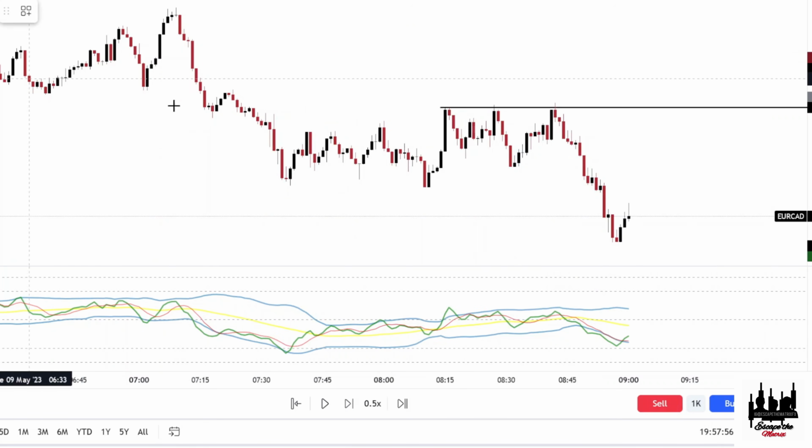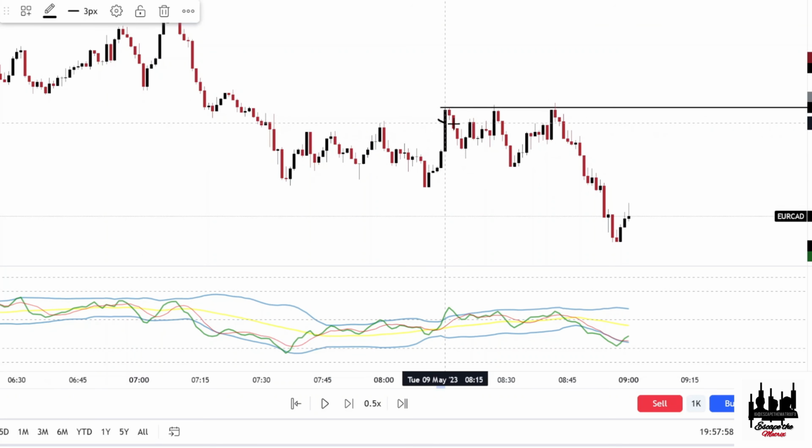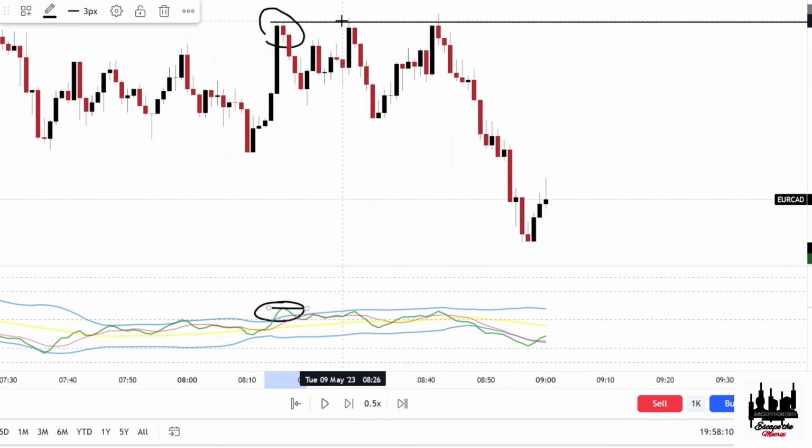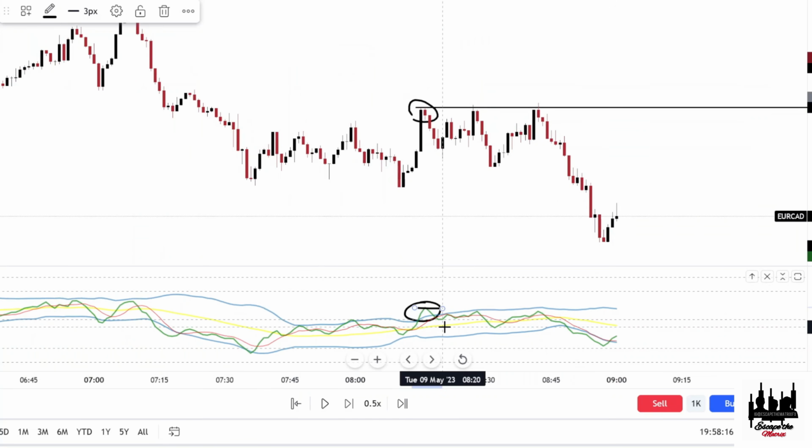So here we have another example. As you can see, this peak was formed, and on the TDI, it was a shark fin out of the water, which set our high. So when price came back, and even though it wicked through it, which would still be considered higher than the previous swing, on the TDI, it was way lower. So what does this indicate?